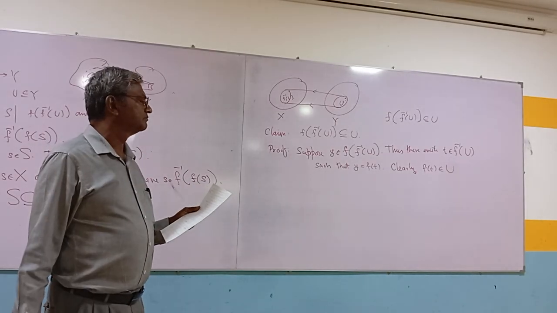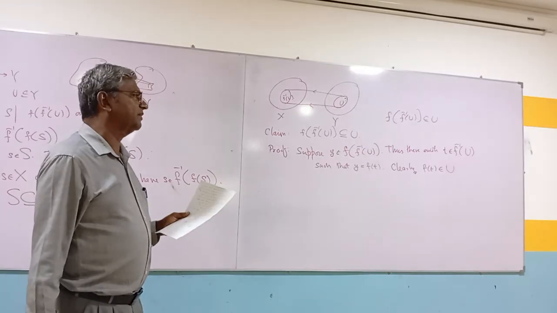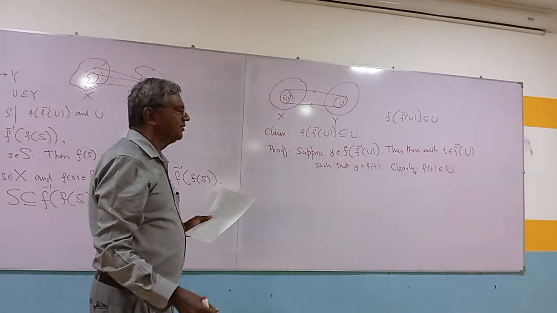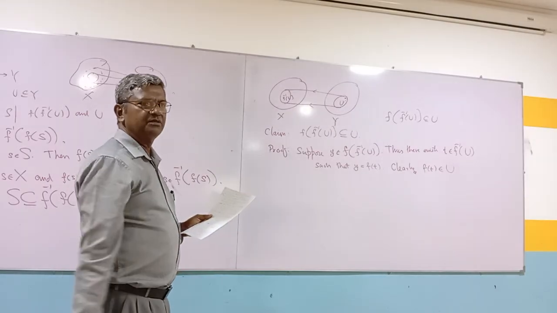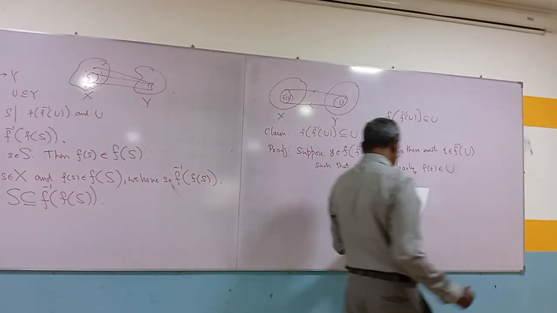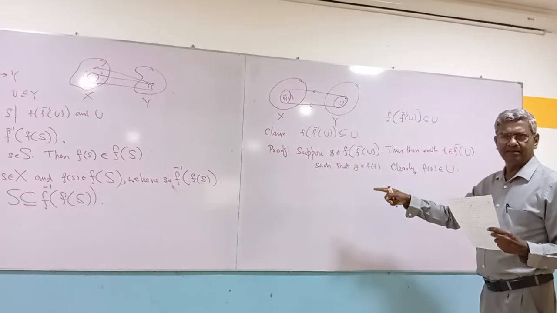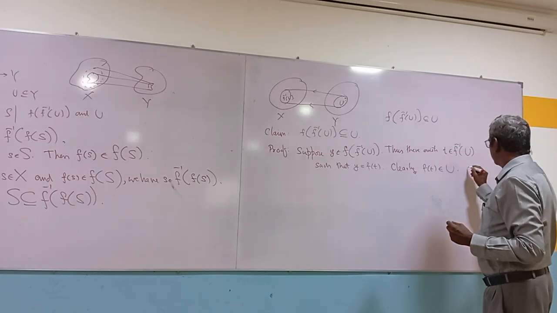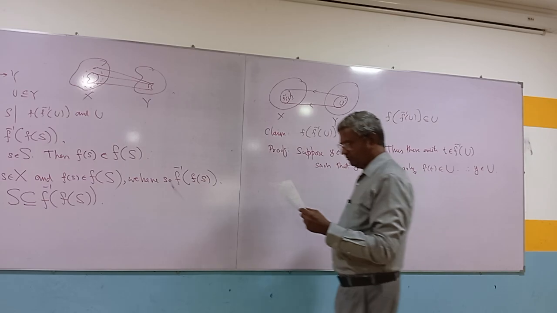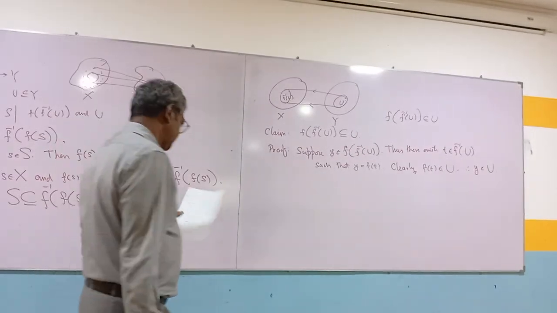By the definition of f inverse U. Actually, if t belongs to f inverse U, then f(t) must belong to U right away by definition. However, f(t) is y. Therefore, y belongs to U.